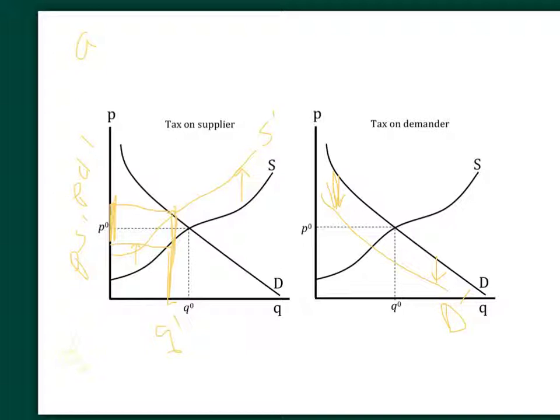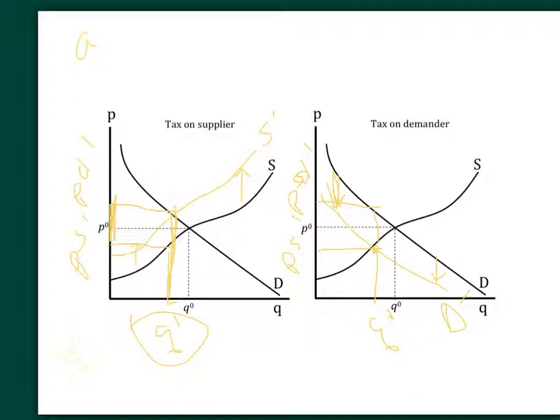And if you look at it, the new quantity has to be where supply crosses the new demand curve. So that's Q1. It's the same Q1 as before. And the new prices have to be 50 cents apart. So the new demand price is PD1, the new supply price is PS1. And all those are the same.